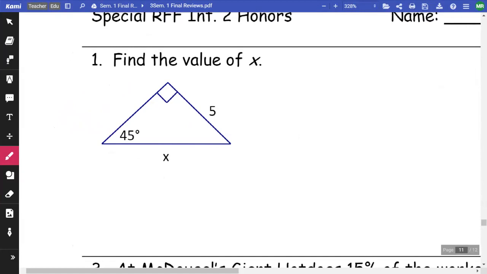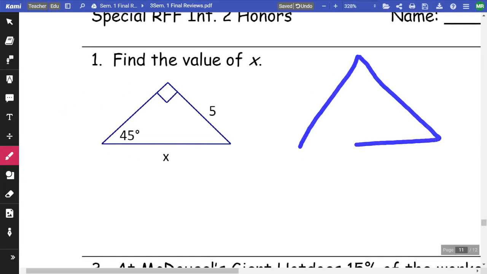Now you need to remember for a 45, 45, 90. Again, those are the same. So in the 45, 45, 90, let me draw it a little better so I can get my 45 in here. So 45, 45, 90.